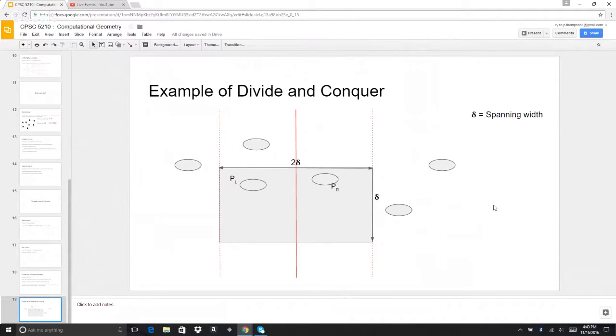To give this a better graphical definition, delta is our spanning width. You'll choose some distance delta and calculate a vertical line. Once you have the vertical line and you apply delta, you wind up with a rectangle 2 delta wide and 1 delta high.